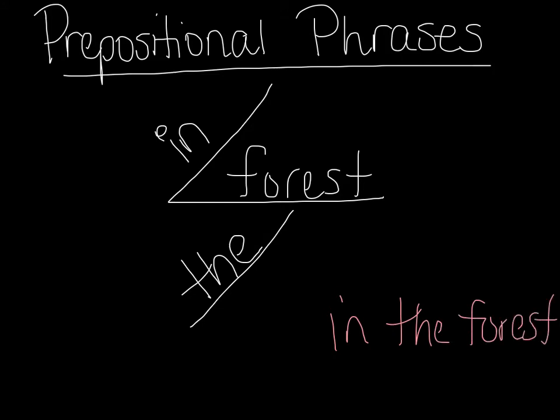When we diagram it, the preposition goes on a slanted line. The noun, which is the object of the preposition, goes on a horizontal line. And any words that modify that object of the preposition go on a slanted line beneath it. So on the next screen, I'm going to give you just a few prepositional phrases. Try to diagram those before we move on to a sentence containing any prep phrases.